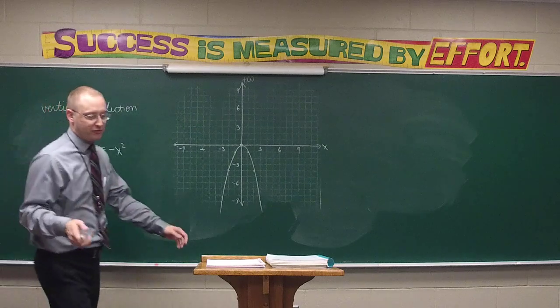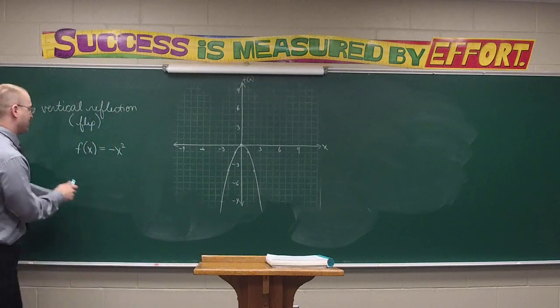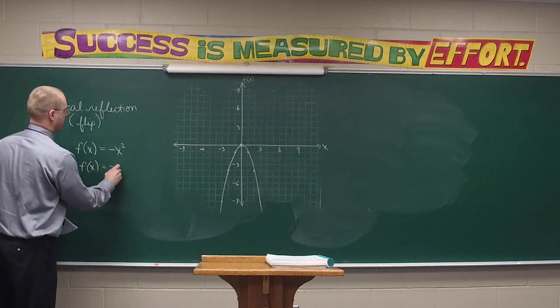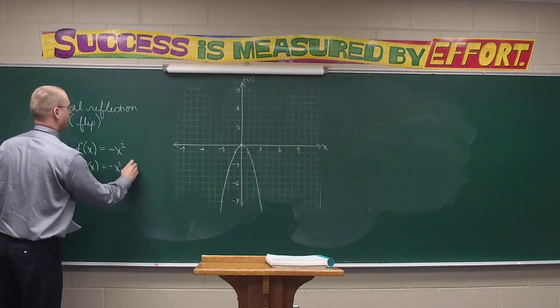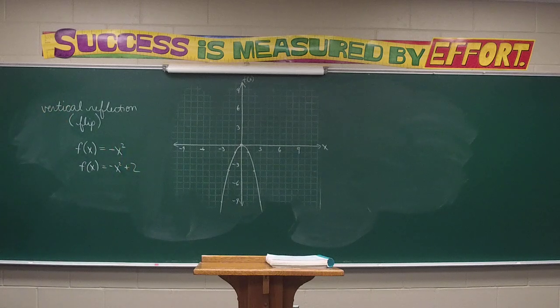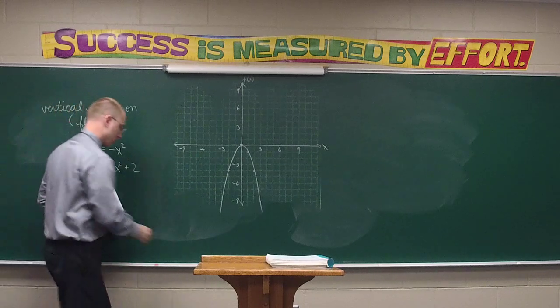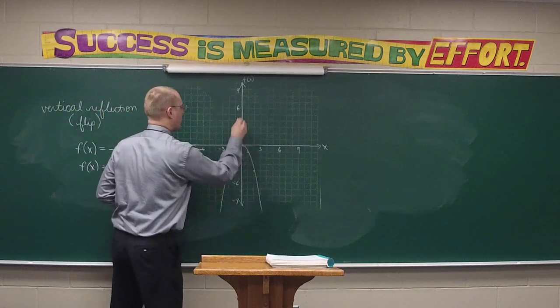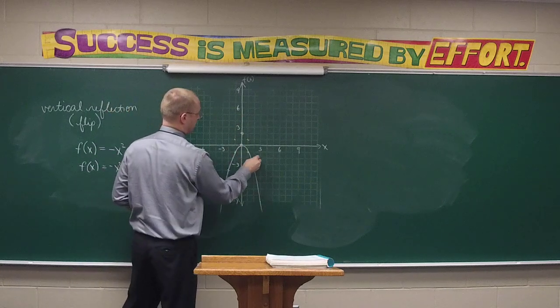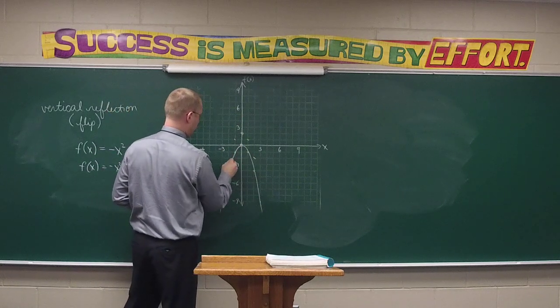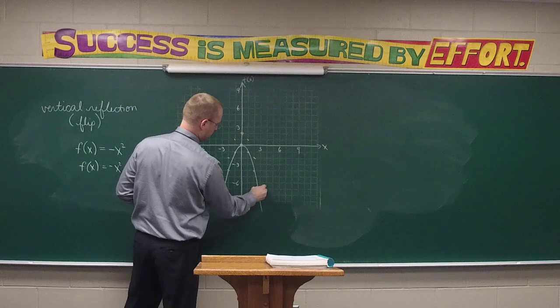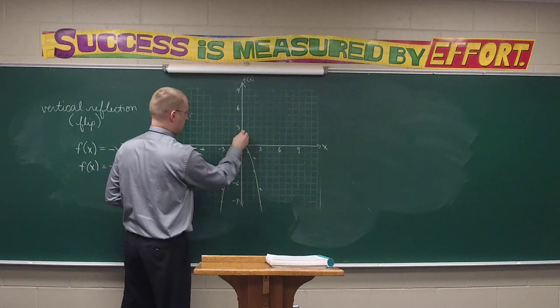Now, obviously, we can flip and shift too. For instance, if I had f of x equals negative x squared plus 2, we're going to do a shift first, class, up 2. And then we're going to flip it. Over 1 down 1, over 1 down 3, over 1 down 5.